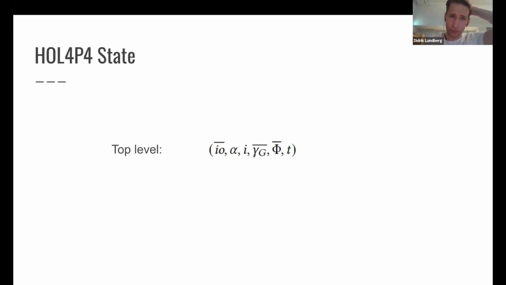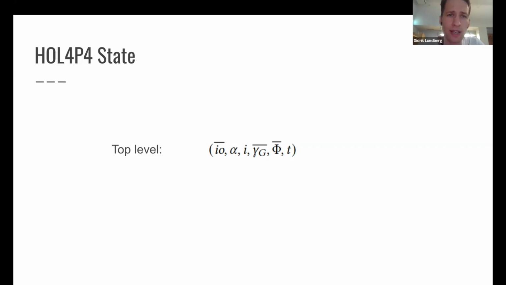So let's take a look at the top level HOL4P4 state. And this state consists of IO bar, the list of incoming and outgoing packets and their respective ports. Alpha, which signifies architectural state, all of the architecture dependent stuff like extern data, tables, and so on. A block index I, which indicates which block we're currently in in the pipeline, and gamma G, which contains the global variables.